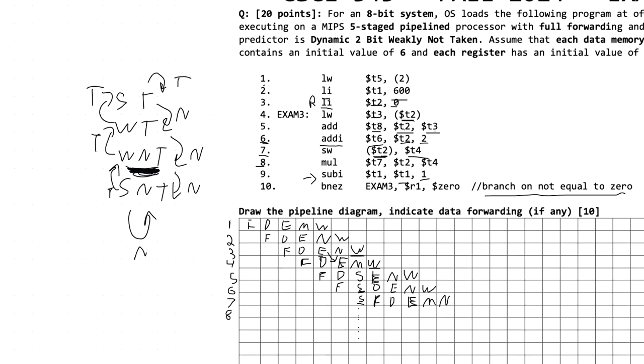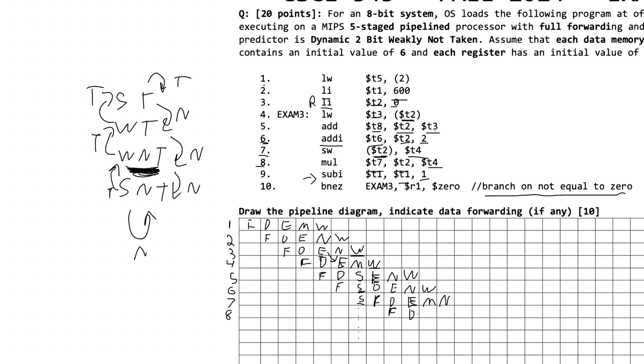Now, this over here is saying multiply T2 and T4 together and put it into T7. I fetch over here. Now, the reason I'm fetching over here and not right next to the stall is because I can't fetch on the same cycle. I have to put it under the decode of the previous one.